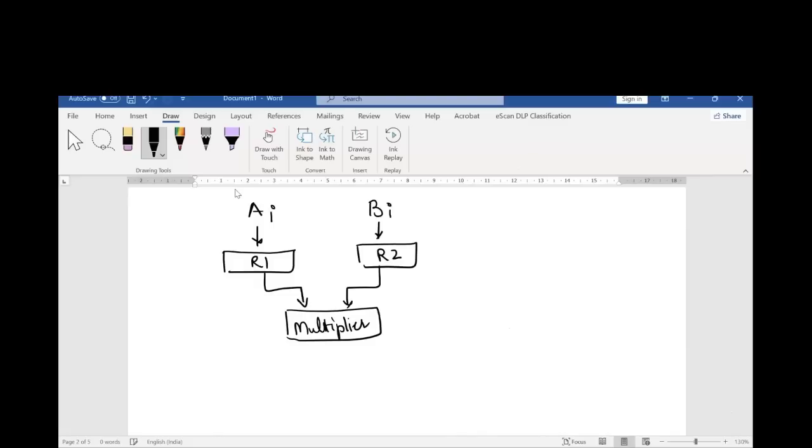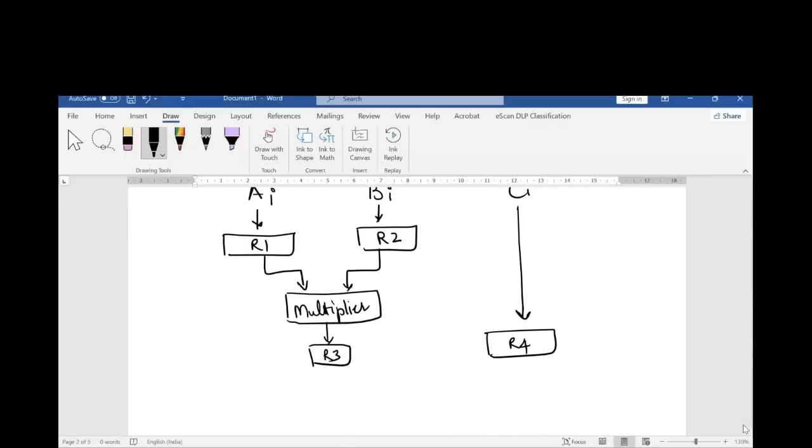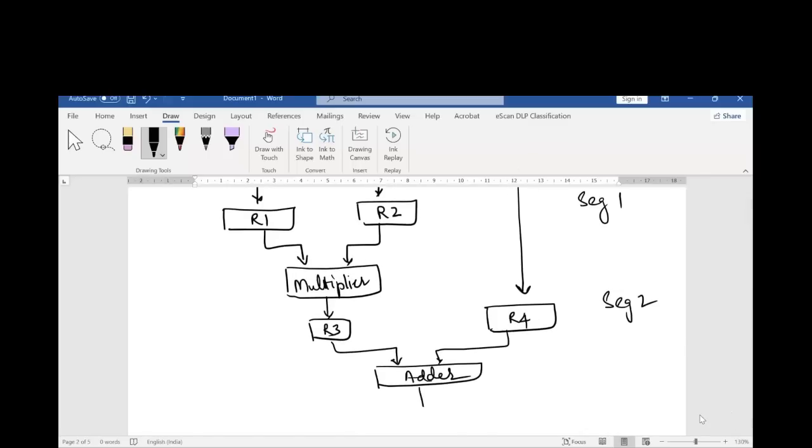This multiplier's value was stored to R3. Similarly, when we loaded R3, at the same time we placed the content of Ci to R4. This is my segment 1 and this is segment 2. And in the final segment, we placed the values of R3 and R4 into an adder, and the value got stored to R5. So this is my segment 3. This is the pipeline configuration.